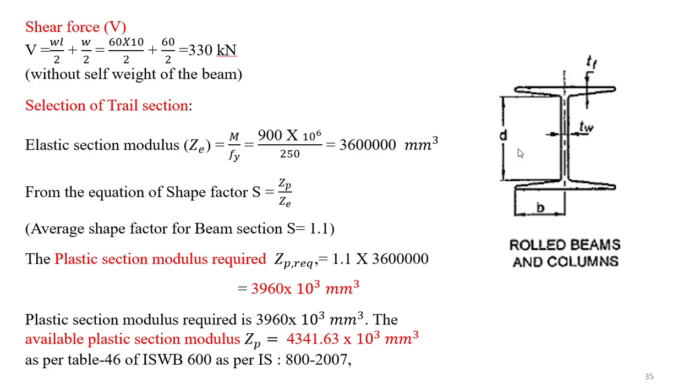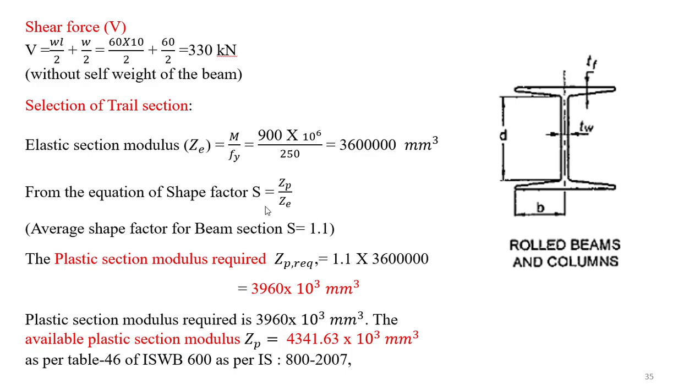Here I am going to use an I section. An I section has some shape factor. As per IS, most of the I sections have a shape factor of 1.1. I am going to use this shape factor to find the ZP value, whereas ZE is M by Fy, and S is 1.1.